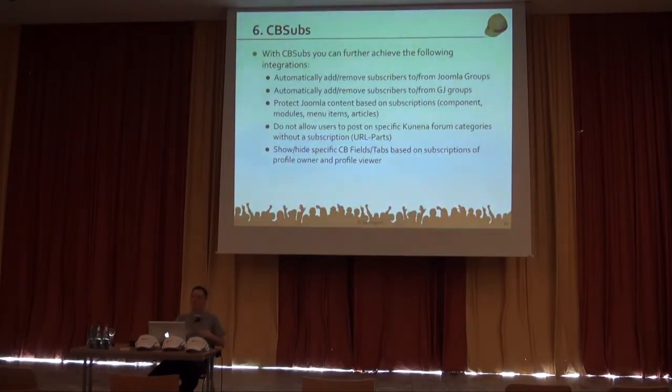You can even configure it to just protect the read more part. So you can leave the part above the read more as a teaser for people to see a little of the article, and instead of seeing read more, it will say to read more a subscription is needed. And when you click on it, you'll be taken to the CBSubs plans that will actually unlock this content. So it's like built-in marketing there also.